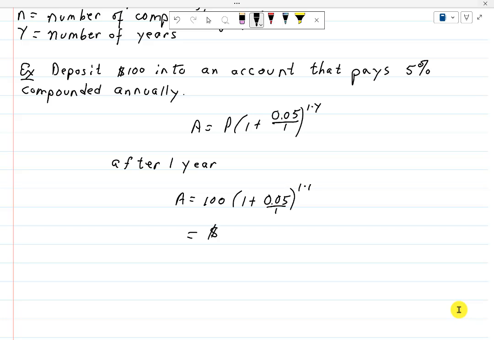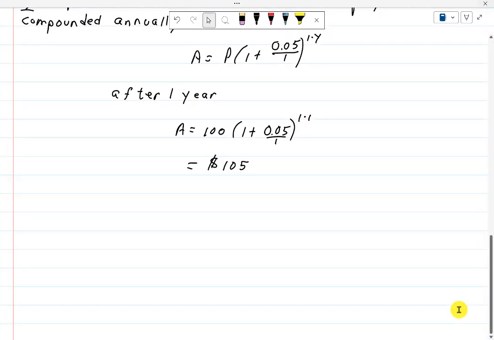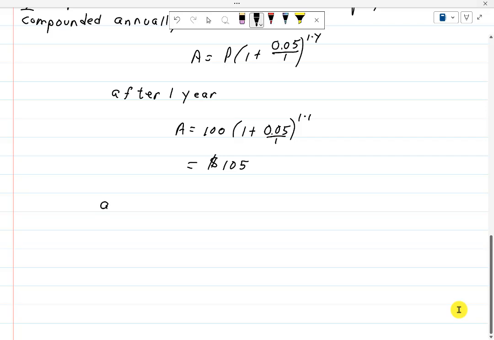And I think you'll find that just like simple interest, this will give us $105 as before. What will change, though, is when we go to multiple years. So after 2 years, the formula looks like this.